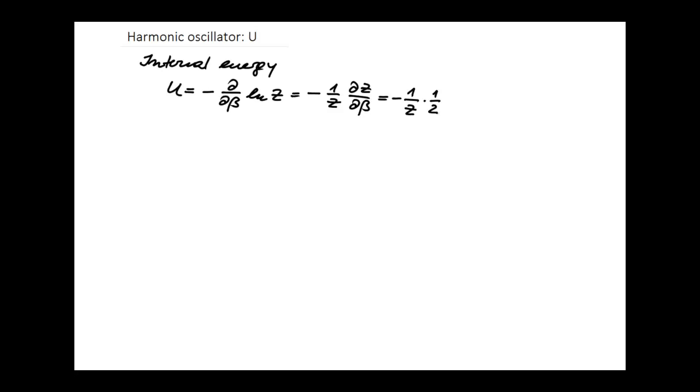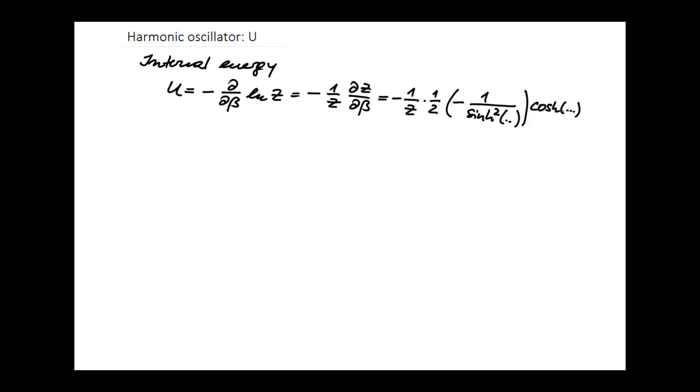The derivative of that is minus 1 over the hyperbolic sine squared times the inner derivative of the hyperbolic sine, that's the hyperbolic cosine, and then we have the inner derivative of the argument of the hyperbolic sine.